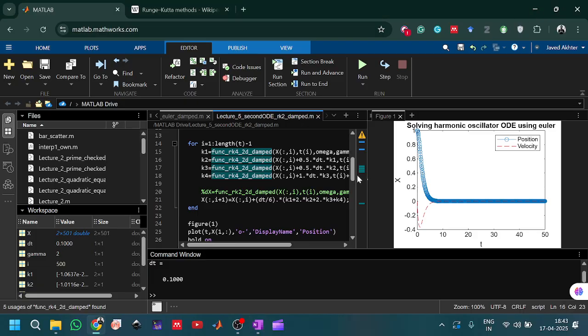RK4 is computationally expensive, but it gives you the most accurate result among all these methods: Euler, RK2, RK4. So RK4 gives you the best result, but it is computationally expensive.